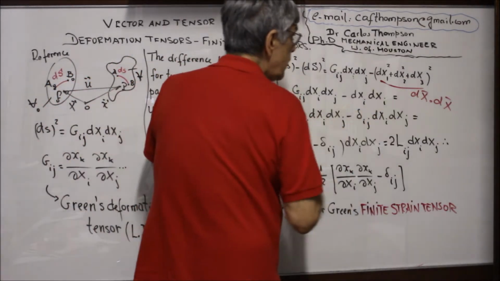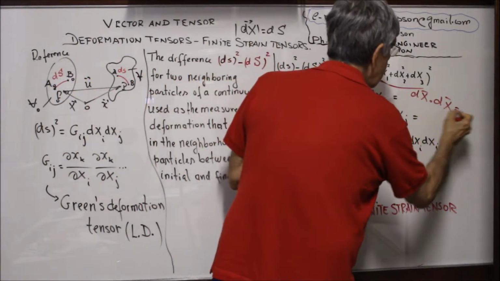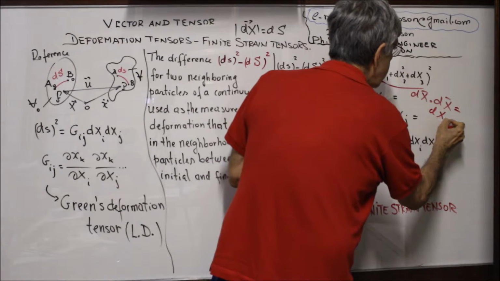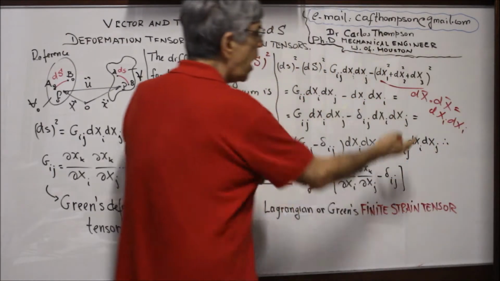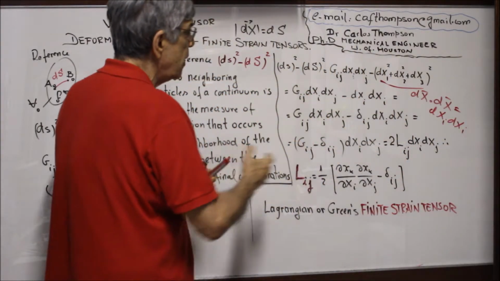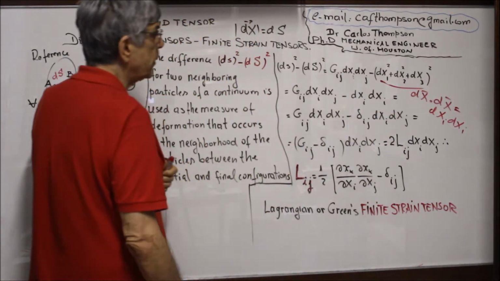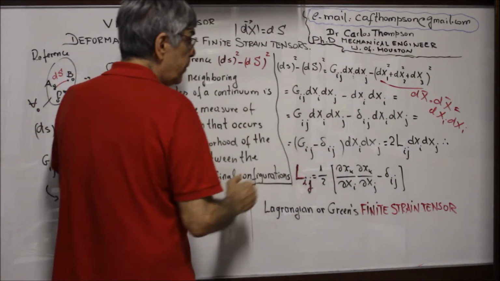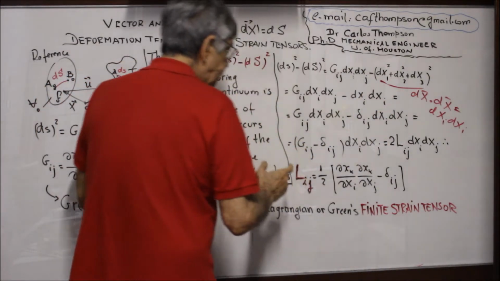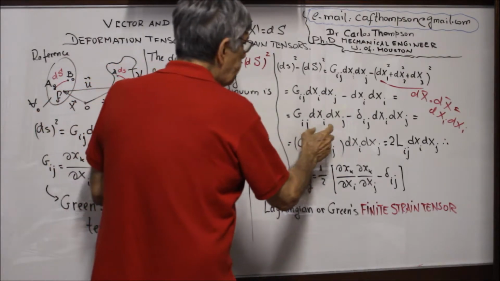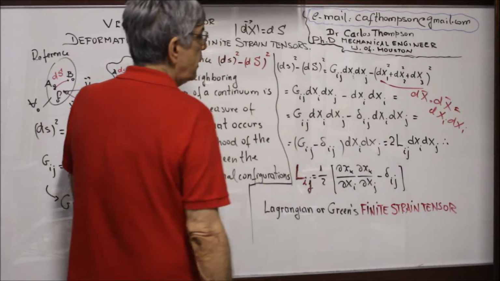So I can write this as dXi dXi, where i is a dummy index. Now I want to put dXi dXj over here.